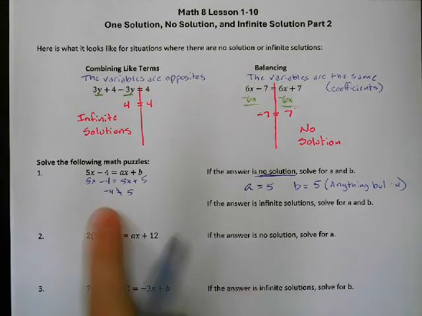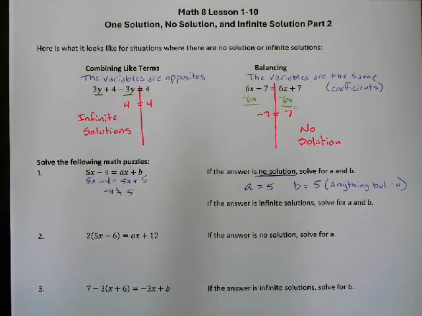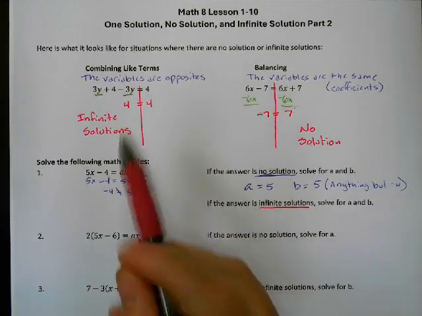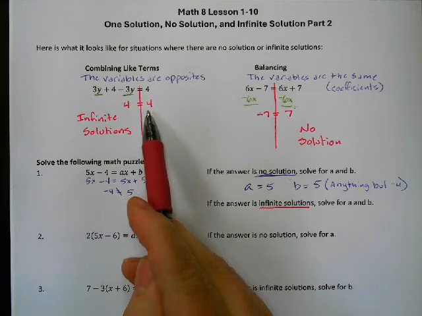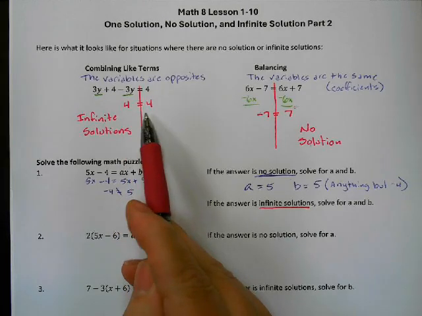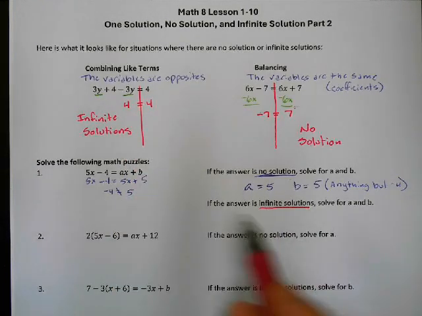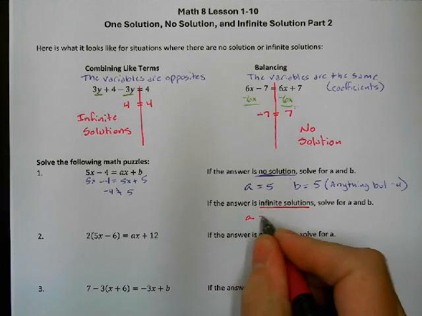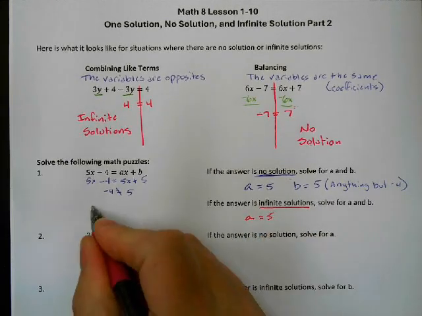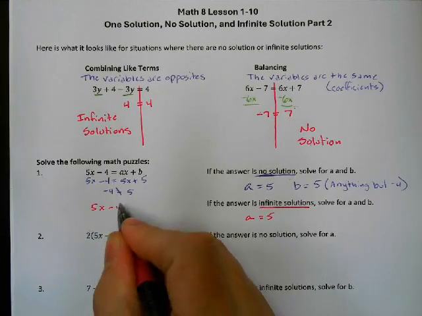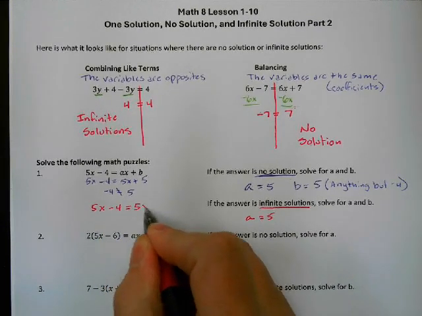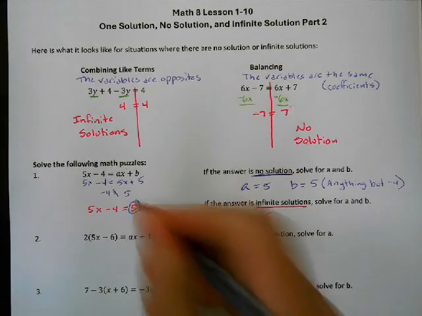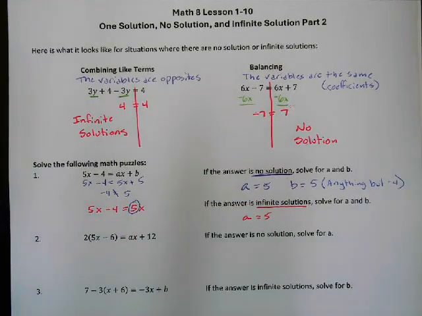All right, on the same problem, what if the answer was infinite solutions? On infinite solutions, we should end with a number equaling itself. So I still need to have the a value to be 5 because I need 5x on this side of the equation and I need 5x on this side of the equation. So a must be 5.